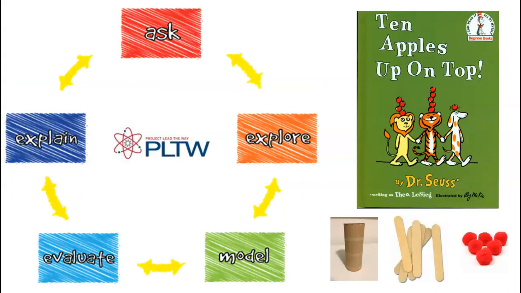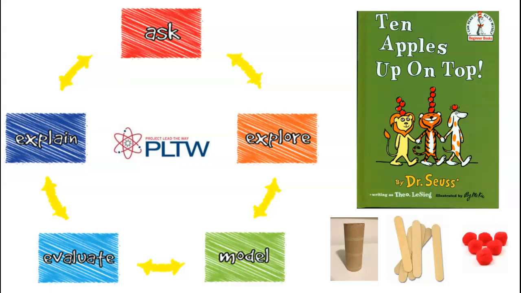Now you're also going to be an engineer, and this week you're going to be helping us to solve a problem. We're going to be going through the design process. We're going to ask a question that we're trying to solve. We're going to explore some ideas about how we can solve that problem. Then we're going to build a model. The model is going to use the supplies that you can see here. You're going to need to bring an empty toilet paper roll.